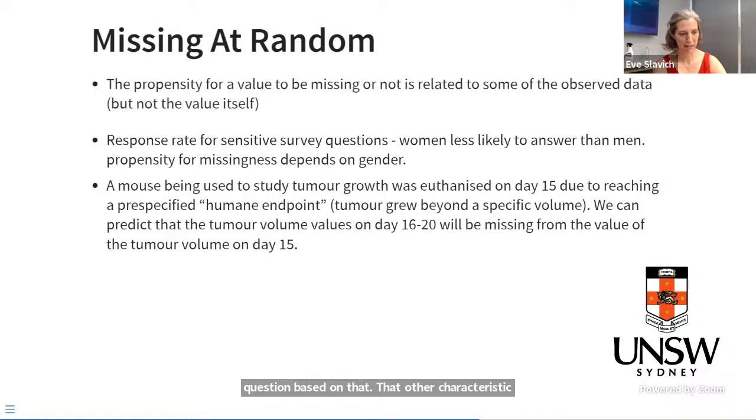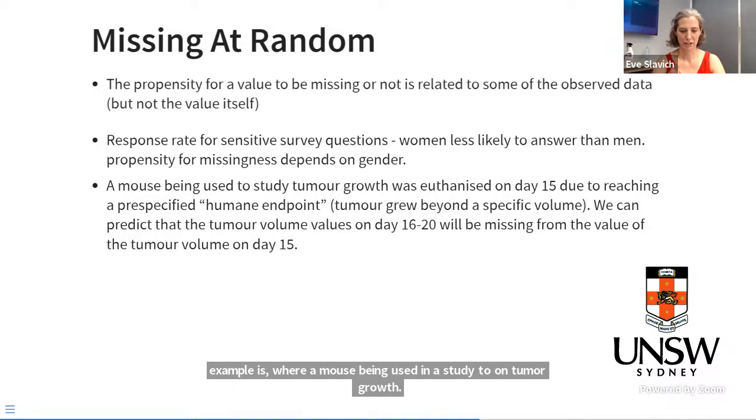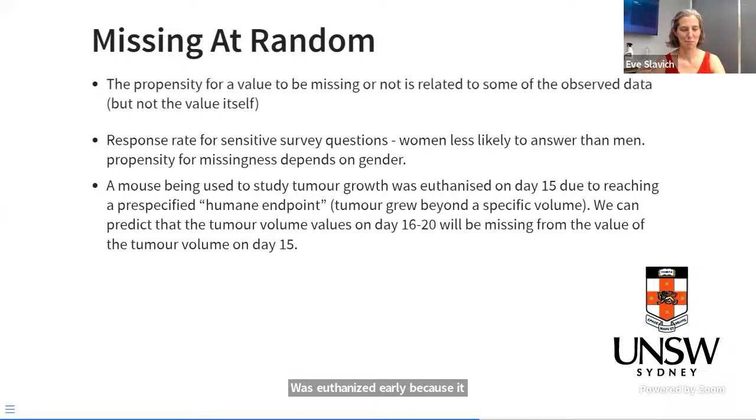Another example is where a mouse being used in a study on tumor growth was euthanized early because it reached a pre-specified humane endpoint. So the tumor went beyond a specific volume, and so they had to euthanize that mouse.